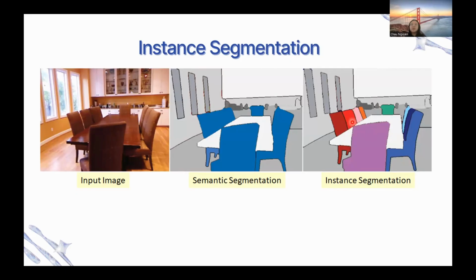It not only identifies and locates the object within an image, but it will also try to outline their precise boundaries. In order to do this, models need to provide a pixel-per-pixel classification, and they need to distinguish between the different instances of the same type of object.